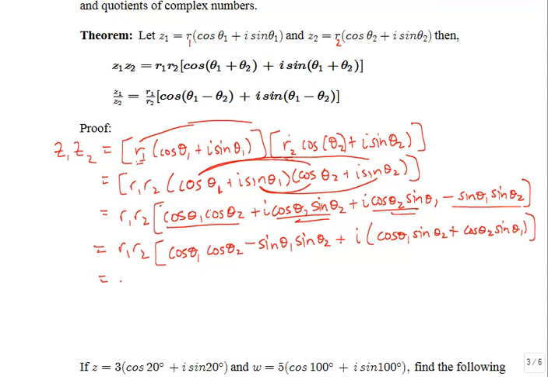And then the rest of this proof is just remembering your sum and difference formulas for cosines and sines.